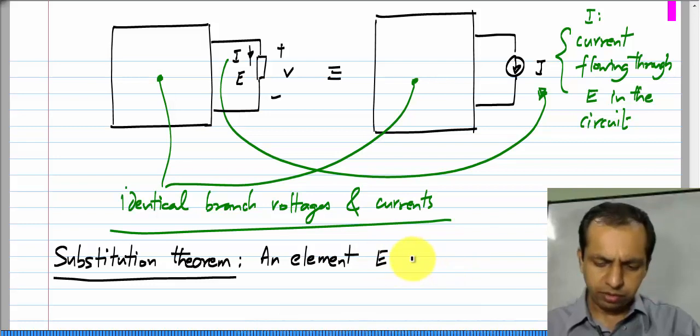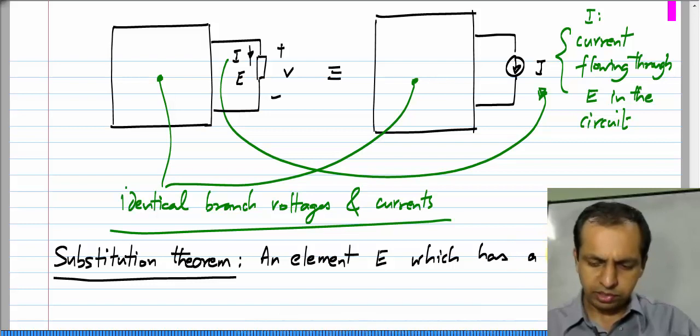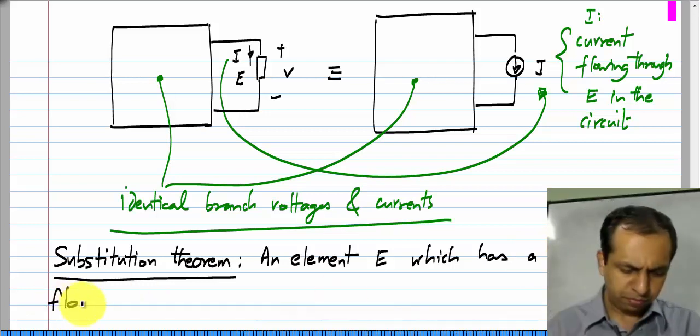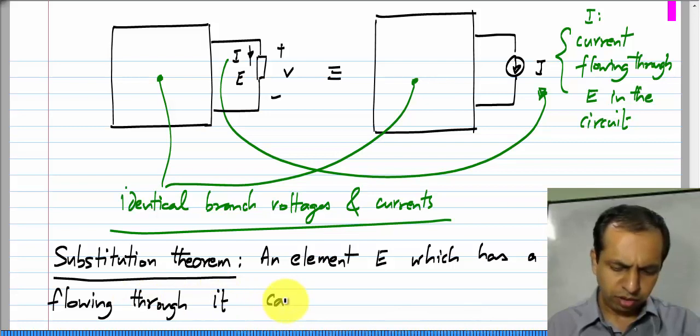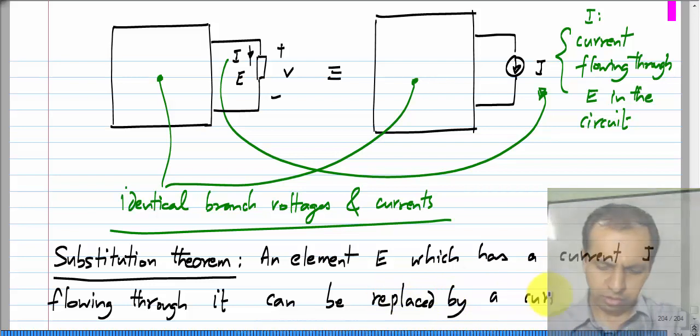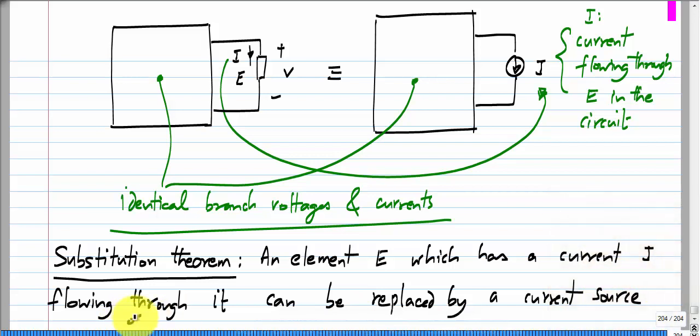An element E which has a current I flowing through it can be replaced by a current source of value I. Okay.